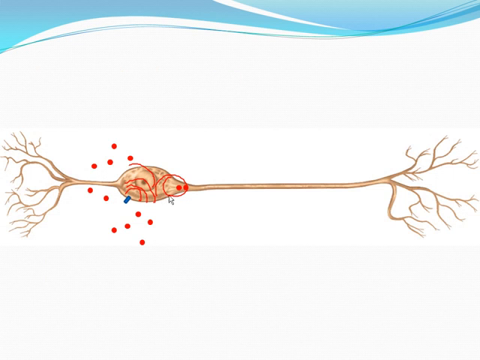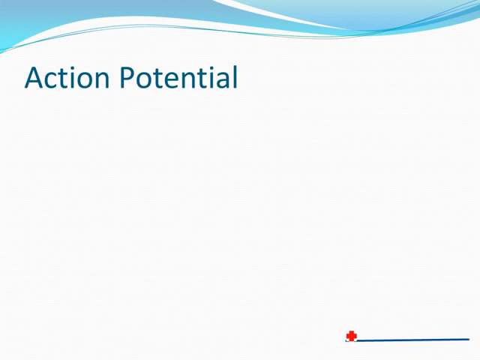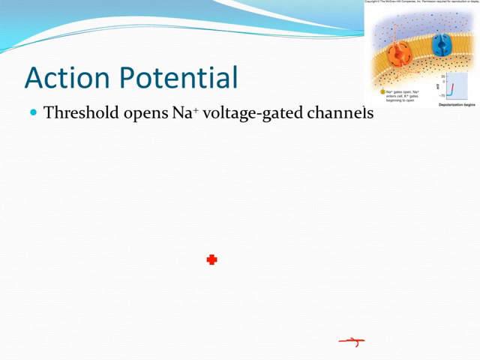Okay, so here, once again, is the resting membrane potential. Once threshold is met, that's when we open the sodium voltage gated channels. When we open them, where does sodium go? Out or into the cell? It goes into the cell. If it goes into the cell, what's going to happen to the membrane potential? Is it going to become more positive or less positive?